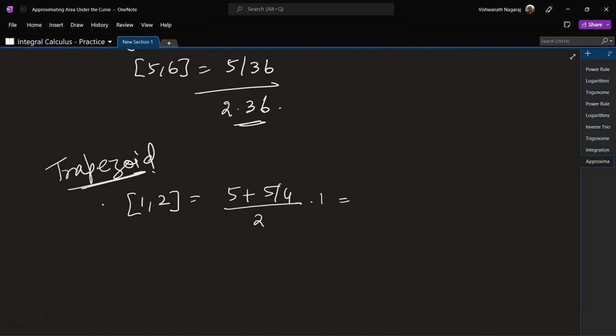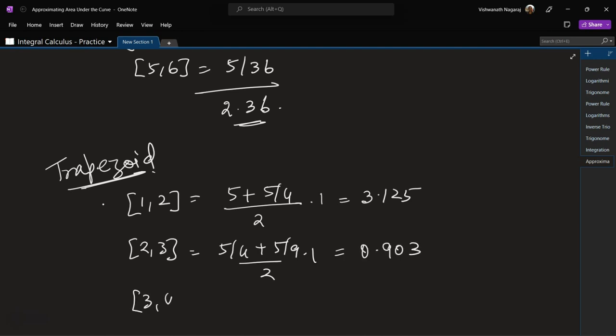So this gives us 3.12 will give us 5 by 4 plus 5 by 9 by 2. This gives us 0.903. 3 to 4 gives us 5 by 9 plus 5 by 16 by 2, which gives us 0.434.